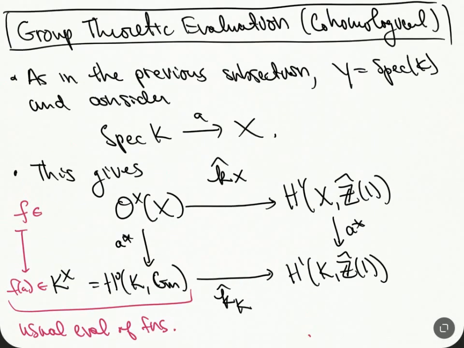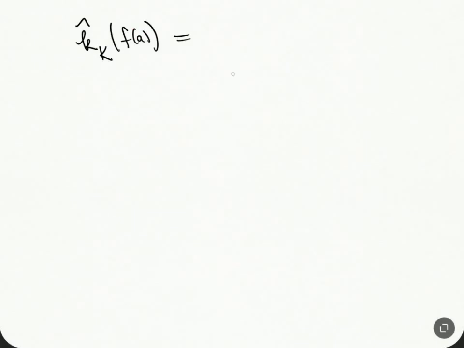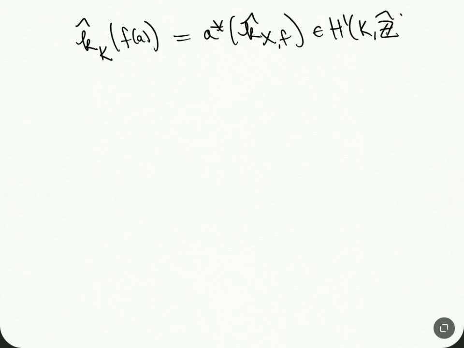Let me just write what this all says. It says that kappa hat of K of f of A, that's this part here, is the same thing if we go around the diagram the other way. So this is A star of kappa hat X of f, as elements of H1 of K, Z hat 1.